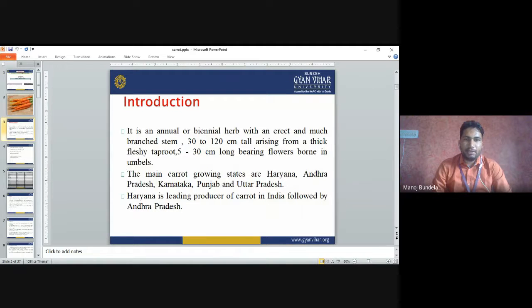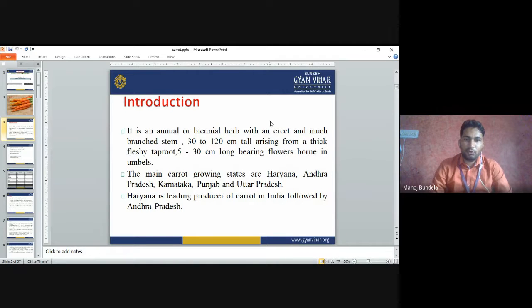It is an annual or biennial herb with an erect, much branched stem, 30 to 120 centimeters tall, arising from a thick fleshy taproot, 5 to 30 centimeters long, bearing flowers borne in umbels. So normally the inflorescence is an umbel.